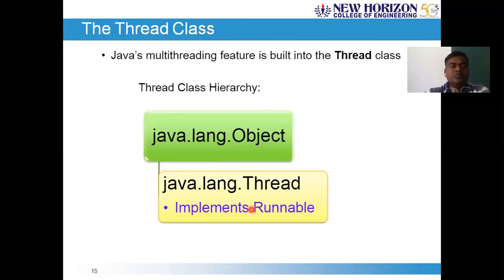Let's move on. As I told, this java.lang.Object class is a master class. We call it the master class or the topmost class in the hierarchy of all the Java classes. So, java.lang.Object.